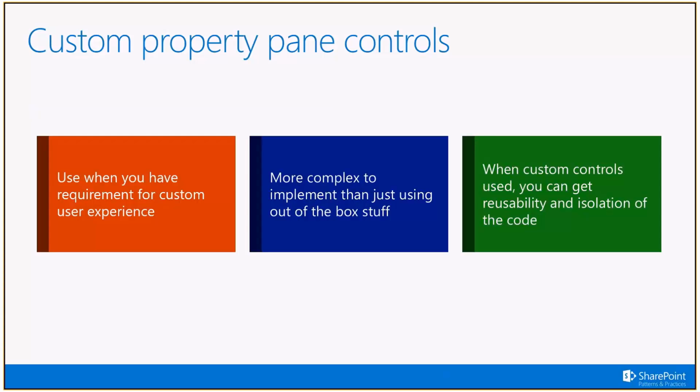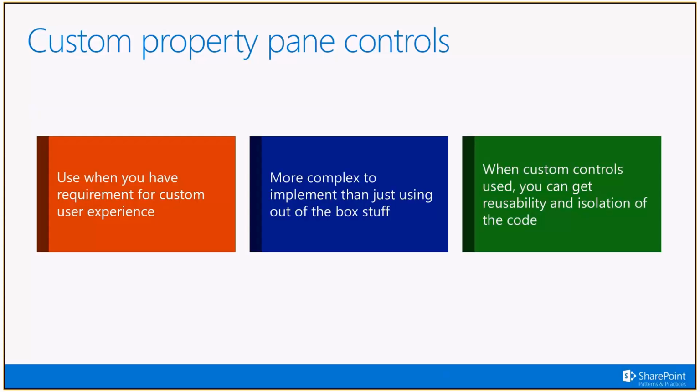Something like, as we were just chit-chatting with Waldek, a scenario where you are using a Bing or Google map control to select a position on a map, and you want to implement that inside of the property pane. Pretty advanced scenario, but I think it's a valid use case.